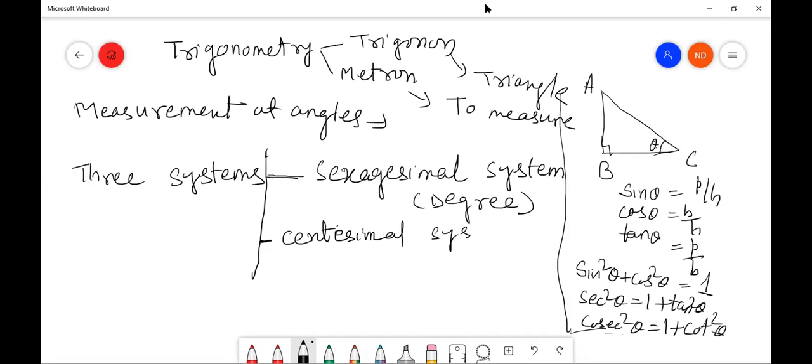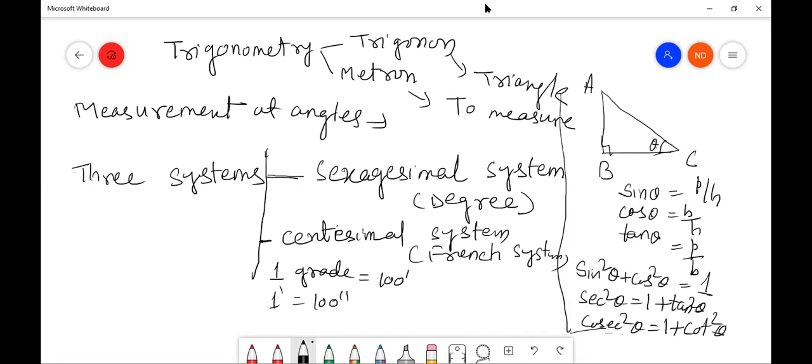In the French system, we have grade as the unit of measuring the angle. 1 grade equals 100 minutes, 1 minute equals 100 seconds, and 100 grade equals 1 right angle, which corresponds to 90 degree, because here the unit is grade.